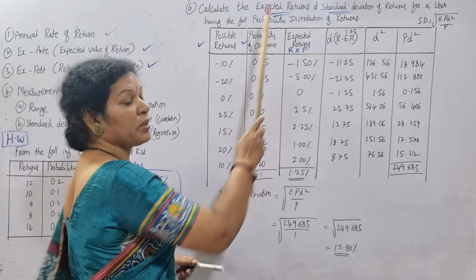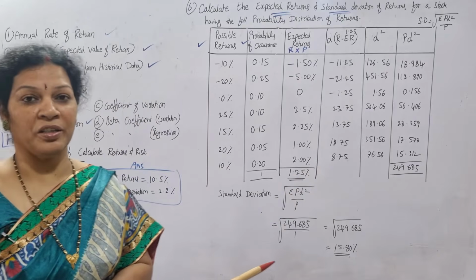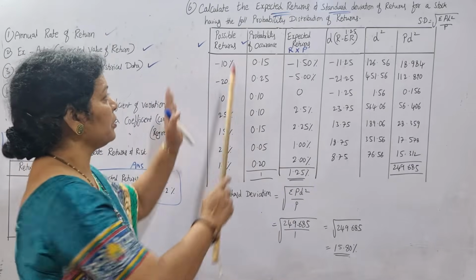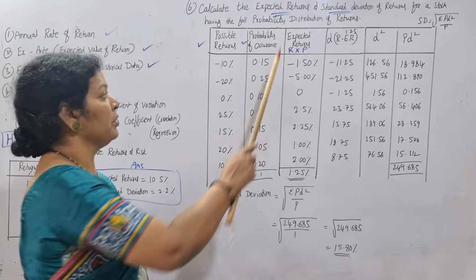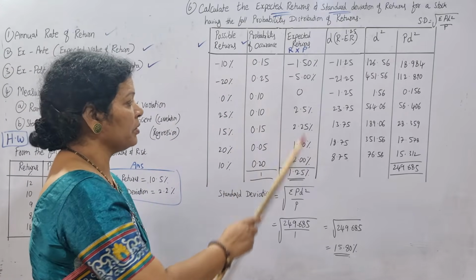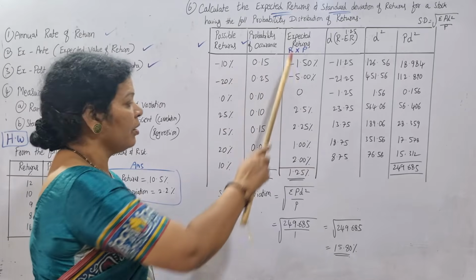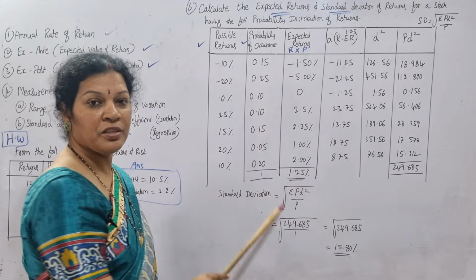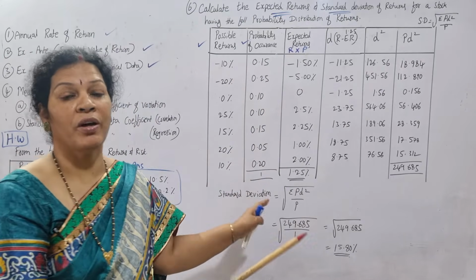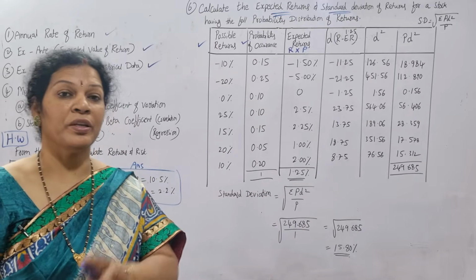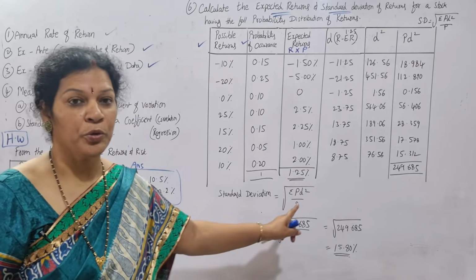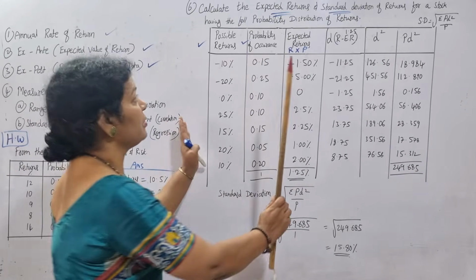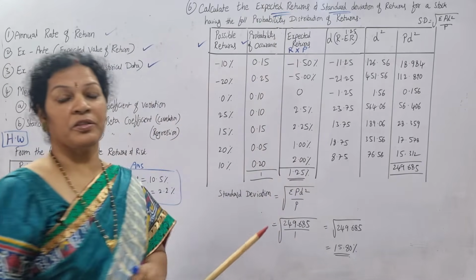We need first expected returns, then we'll focus on the standard deviation. So you will be getting expected returns for individual. Altogether your answer is expected returns total is 1.25%, you can expect. Your expected returns are 1.25%. This is our expected returns.